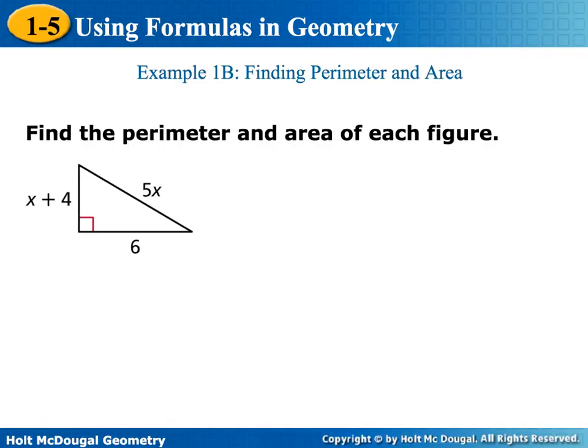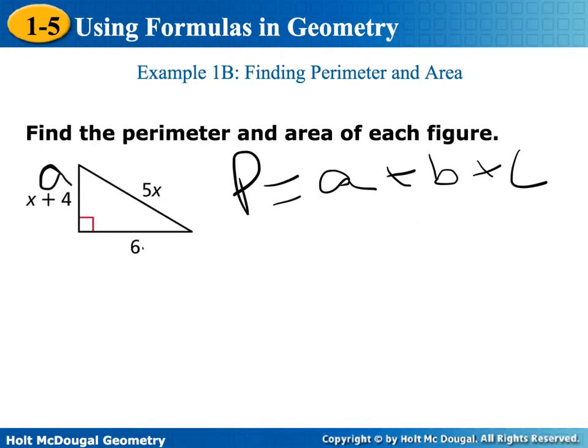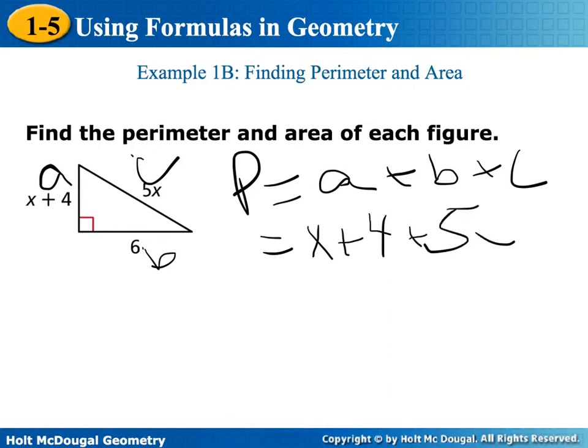Okay, this one we have a triangle. They want us to find the perimeter, which is A plus B plus C. So I'm going to use this is A, this is B, and this is C. Perimeter is going to be x plus 4 plus 6 plus 5x.